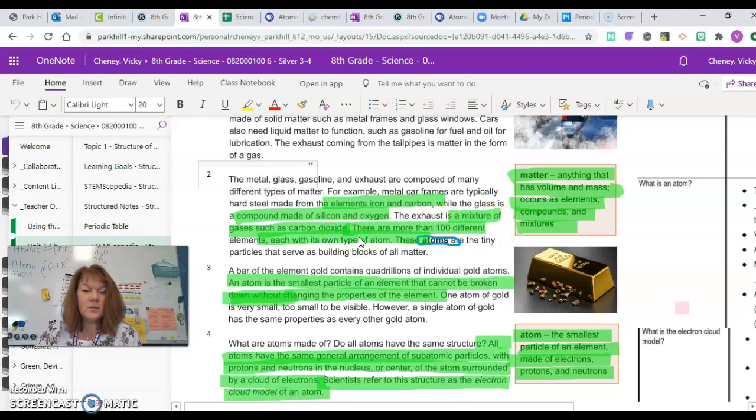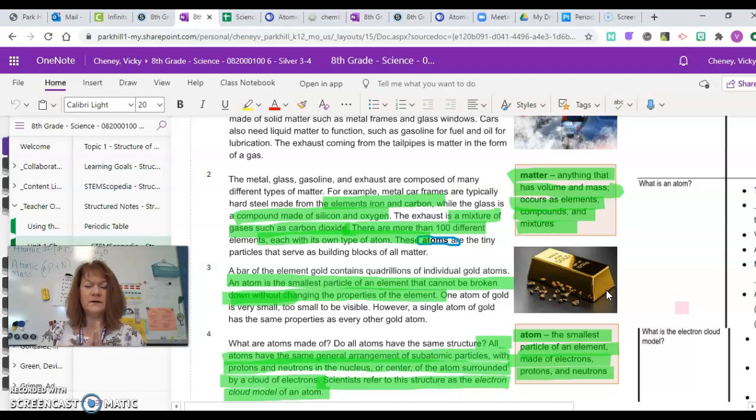We know that there's more than 100 different kinds of elements, and they each have their own type of atom. So these atoms are tiny particles that serve as the building blocks of all matter. And that's kind of another section right here. And it says a bar of the element gold contains quadrillions of individual gold atoms. So if I took that bar of gold and I cut it down to the very tiniest piece, I would only be able to get it small enough to see one gold atom.